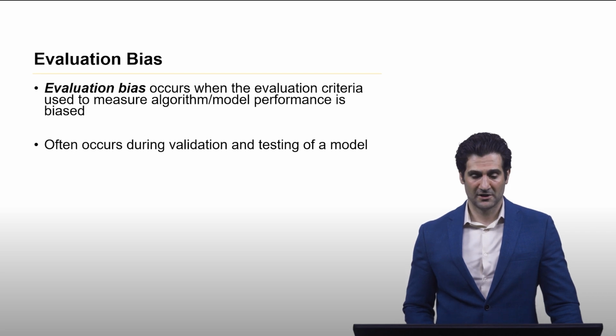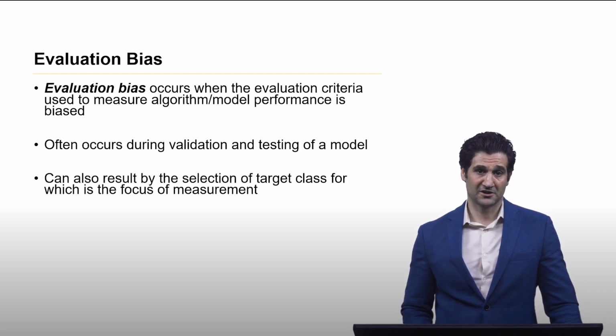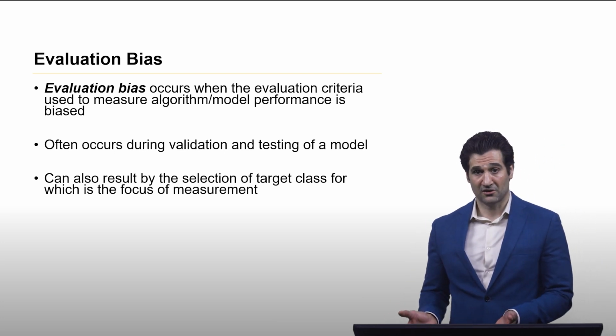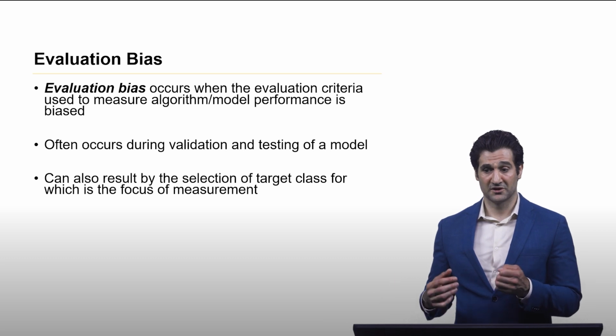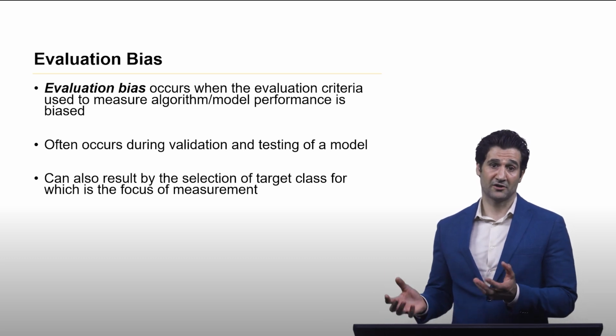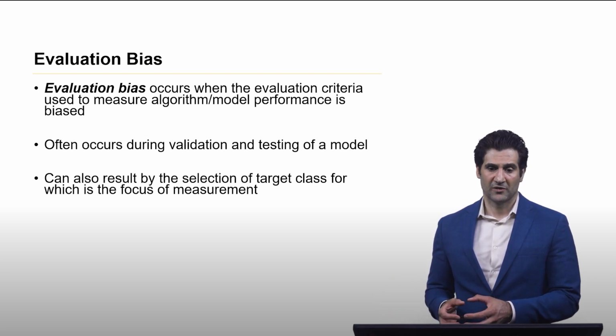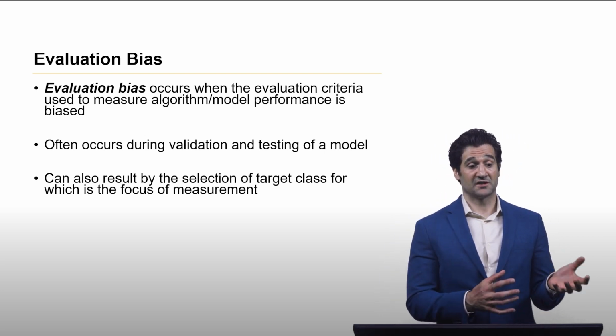But there are many ways that evaluation bias can occur during validation and testing, and it could depend on the selection of the target class. One thing that's really important is how ground truth and the target class are actually defined for a given set of data. In certain cases, that's very straightforward.